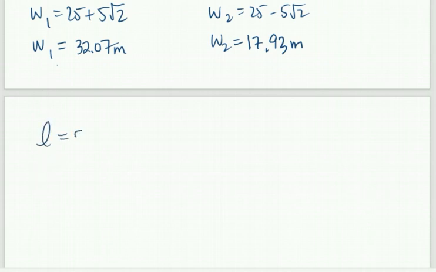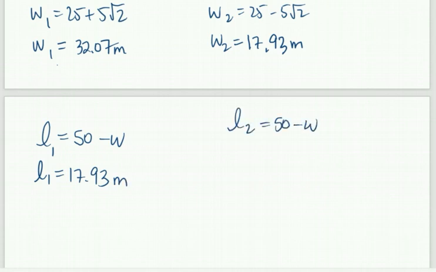Length is 50 minus W. So for the first one here, if I take this and subtract it from 50, my length will be 17.93 meters. And then if I do the same thing here, I take my expression 50 minus W and subtract the 17.93, I'm going to get the other one, 32.07. Okay, all right, so these are the two values that will work here.